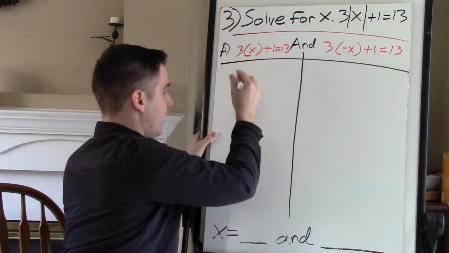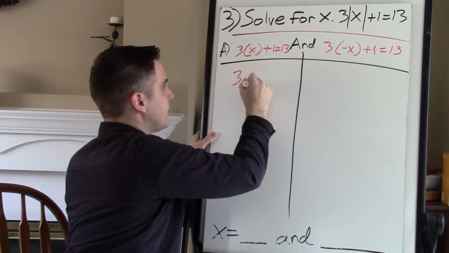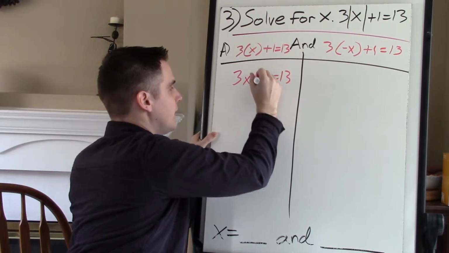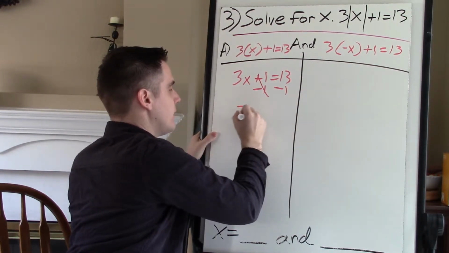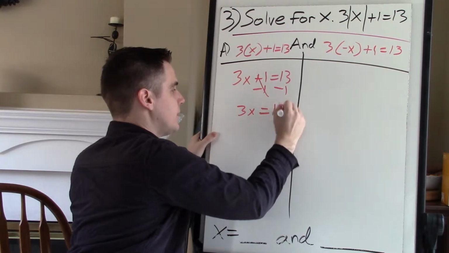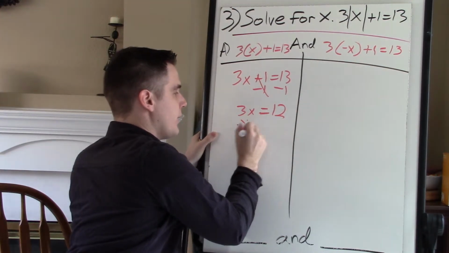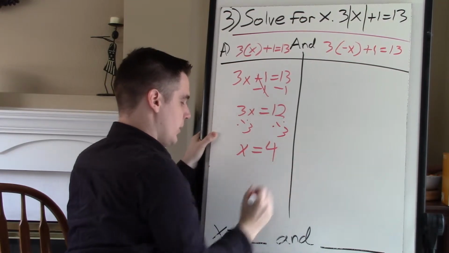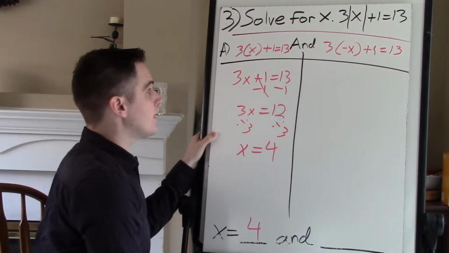Solve. 3 times x is 3x plus 1 equals 13, minus 1, minus 1. 3x equals 12. Divide by 3, divide by 3. x equals 4. So I'm going to put that down there for part of my answer.